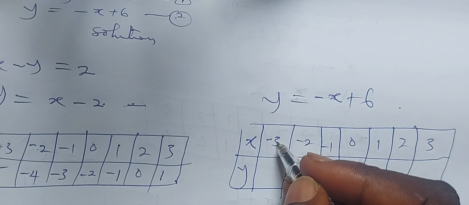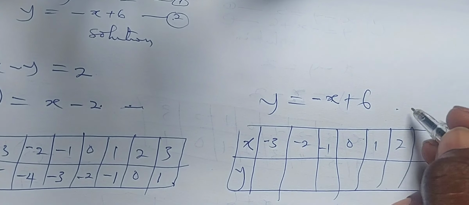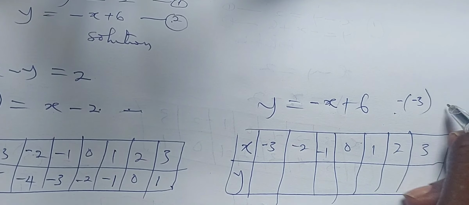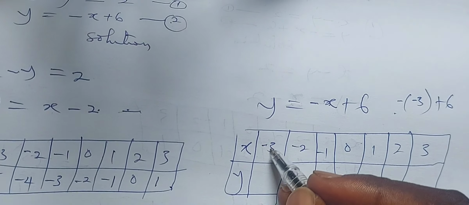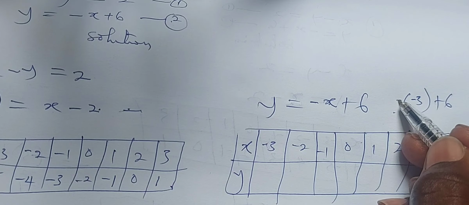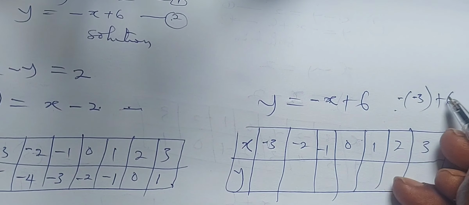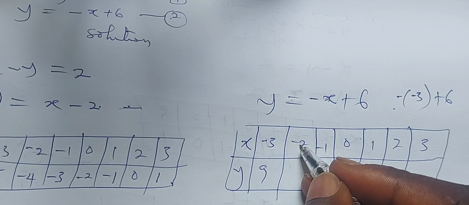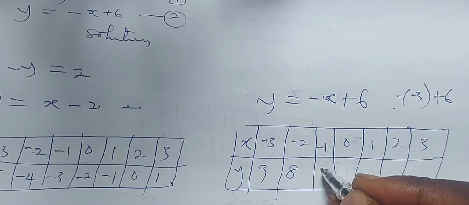Okay, so when you put minus 3, it will be something like minus of minus 3 plus 6. Minus times minus becomes plus. 3 plus 6, and you have 9. If 2 goes, you have what? 8. 1, you have 7.